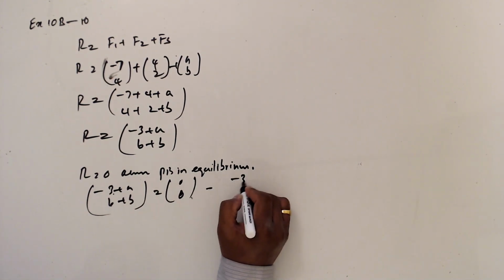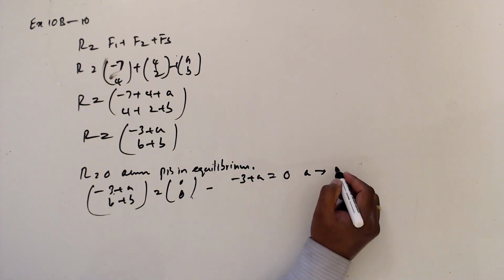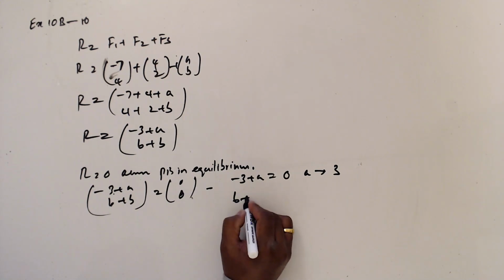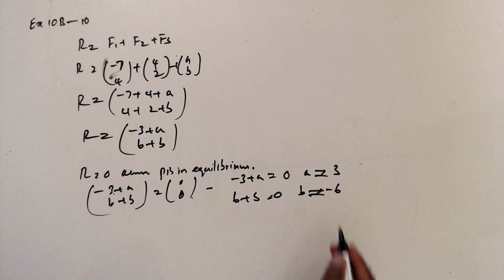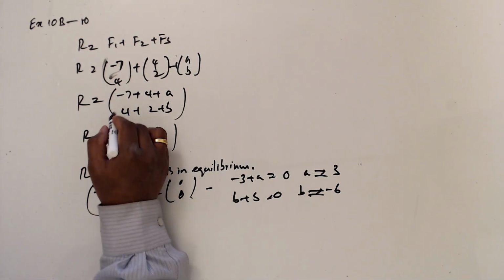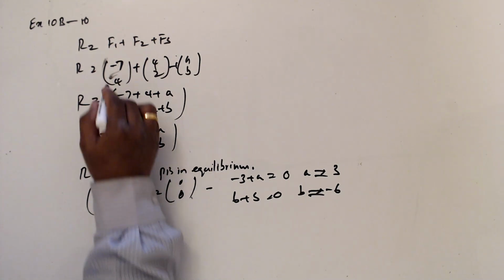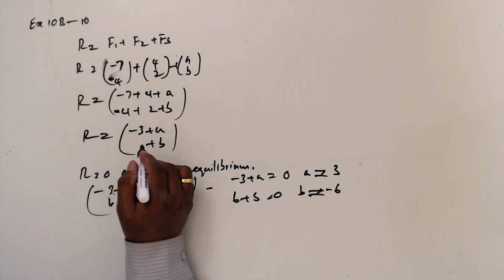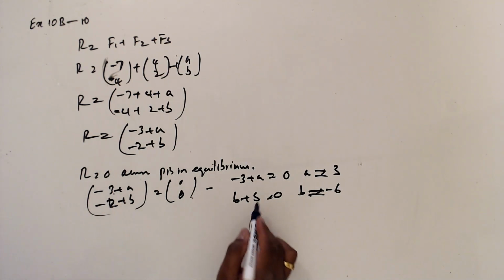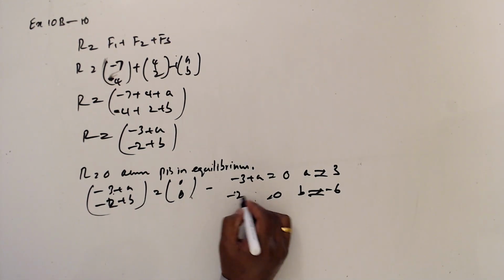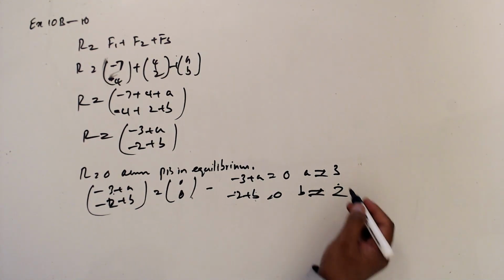So minus 3 plus a equals 0, and a equals 3, and 6 plus b equals 0, b equals minus 6. That's a correction: this is minus 4, minus 4 plus... 2 is minus 2, then minus 2 plus b equals 0, b equals 2.